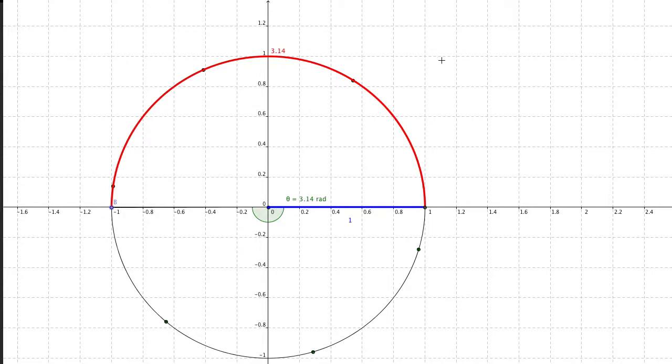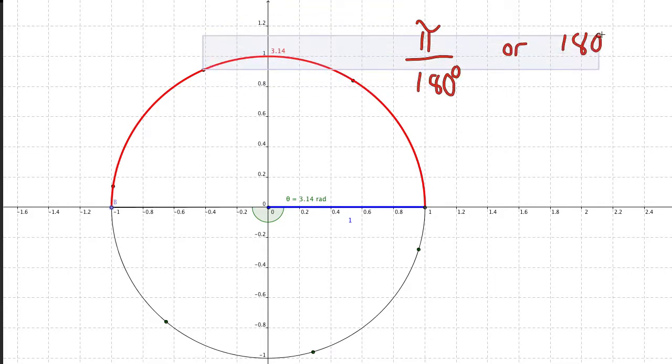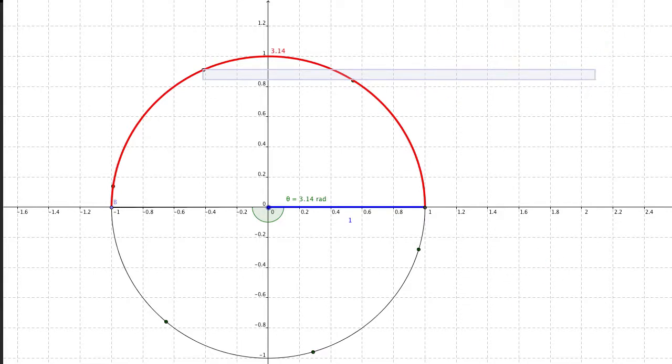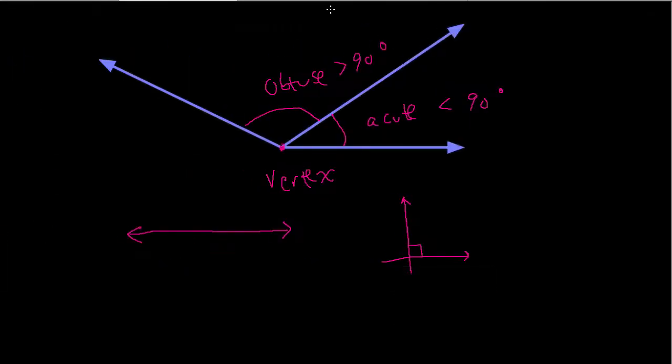So the conversion factor is pi radians is the same as 180 degrees, or if you need to go the other way, 180 degrees is the same thing as pi radians. So we can use that to do these examples.